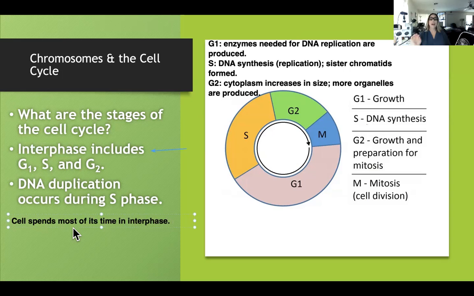Finally, there is M phase. That stands for mitosis, and that is where actual cell division occurs. In G1, the cell is going about its business. In S, DNA is replicating. In G2, it's getting bigger. M phase, or mitosis, is when the cell actually divides. There are several stages of mitosis, which we will go into in the next video.